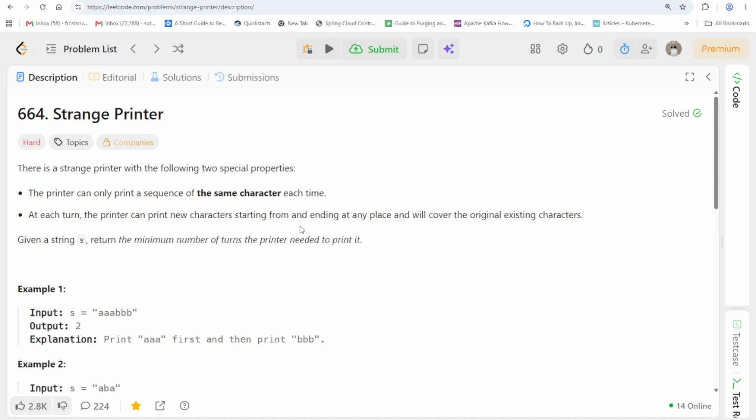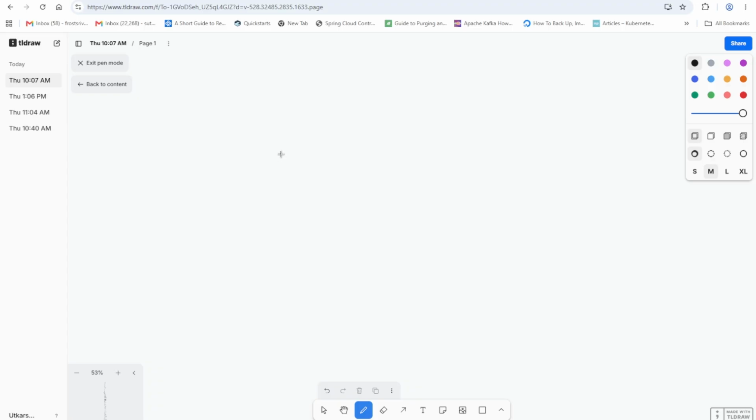Okay, let's understand this with an example. So let's take one very basic example. Suppose here A is given. First, understand the properties of the printer. The printer can print something like AAA in one go, and this will be counted as one cost only.